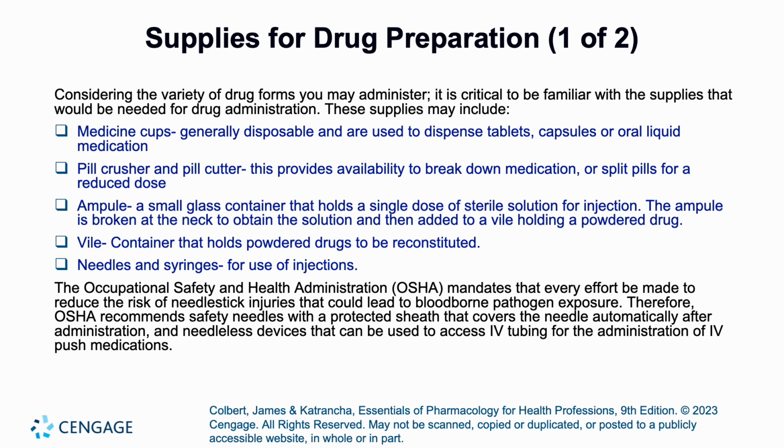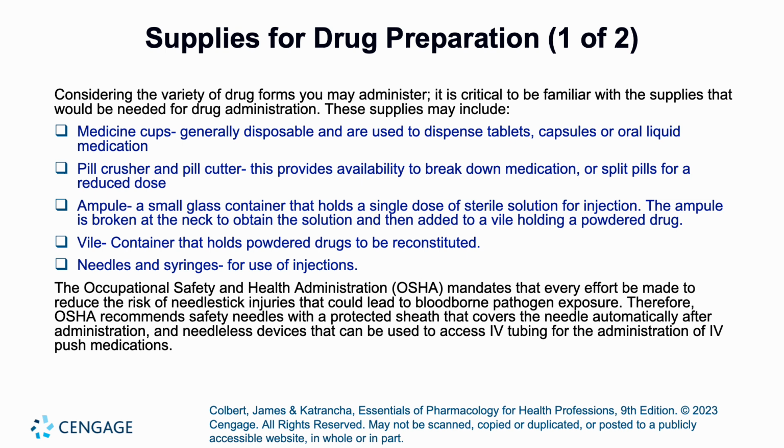Ampule. These are really going out of favor, but an ampule is a small glass container that holds a single dose of sterile solution for injection. So essentially the drug would be in this little glass bottle, and it has this thinner part where you have to break it. And if you are using an ampule, you have to hold it with gauze and then break it away from you just in case any glass comes free.